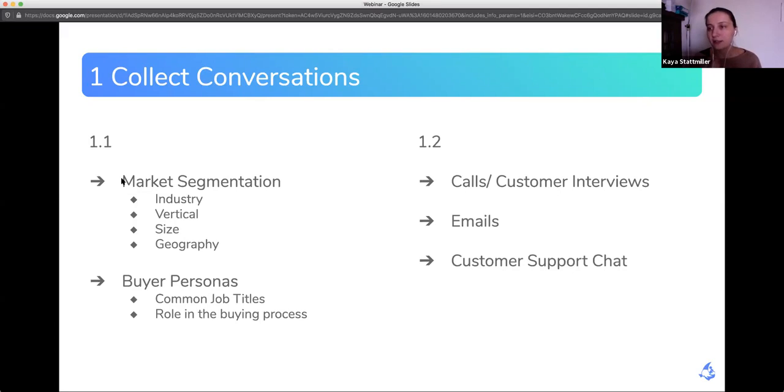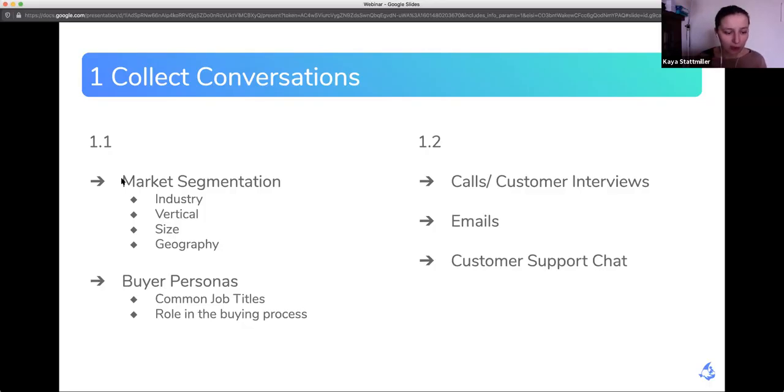But another important way to extract conversation is emails and also customer support chat. I will come back to the conversation piece a little bit later, but that's it for now on how you need to collect.